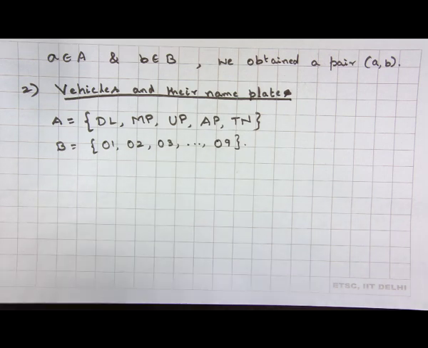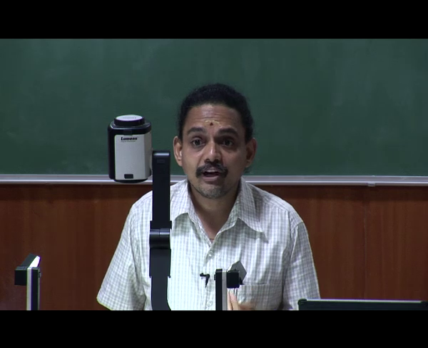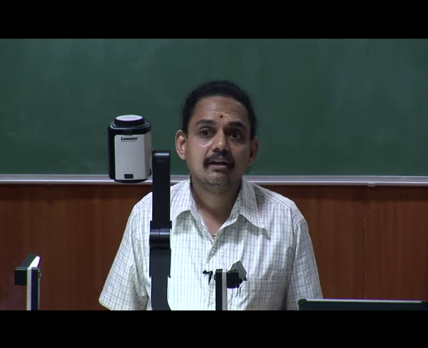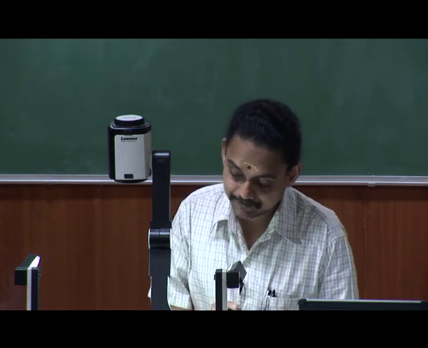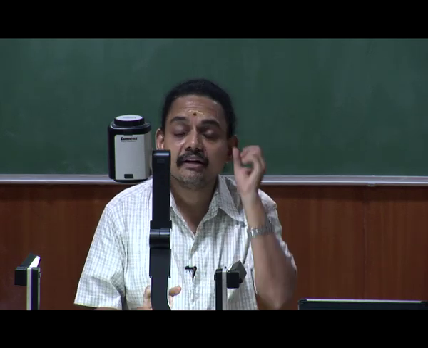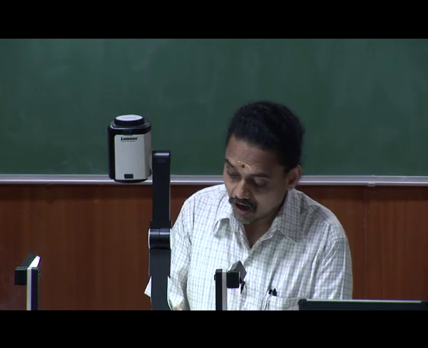What we have is 2 sets A and B. The first set A consists of 5 states and the set B contains 9 numbers. Suppose that I wanted to form a name plate or a number plate for a vehicle. Suppose that the person is from Madhya Pradesh.